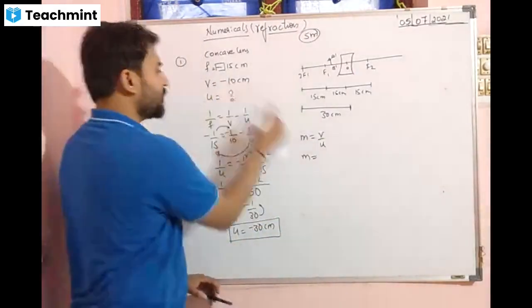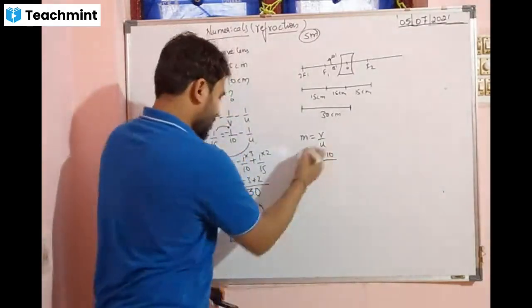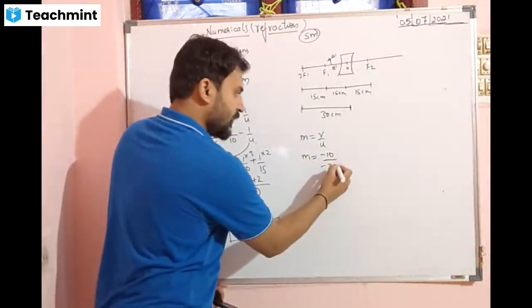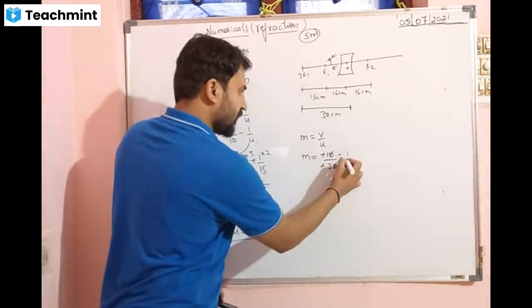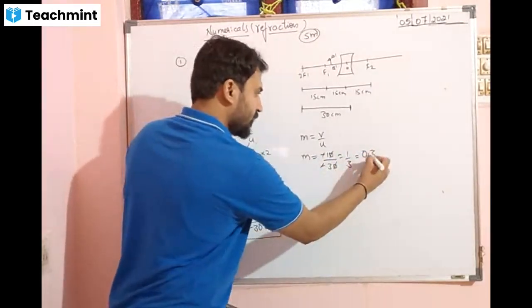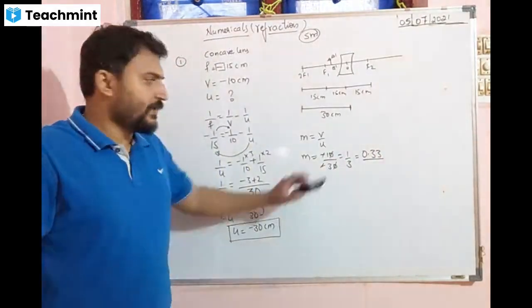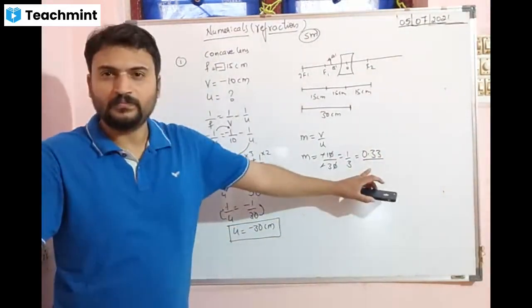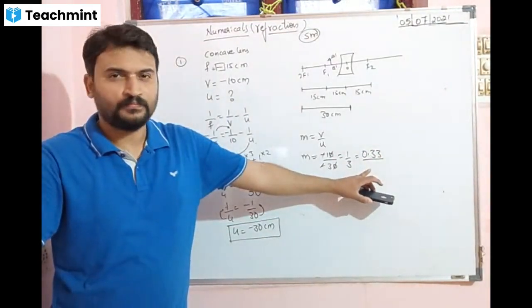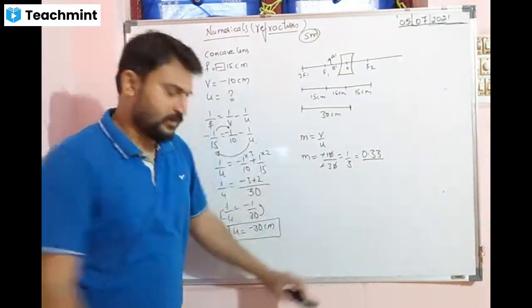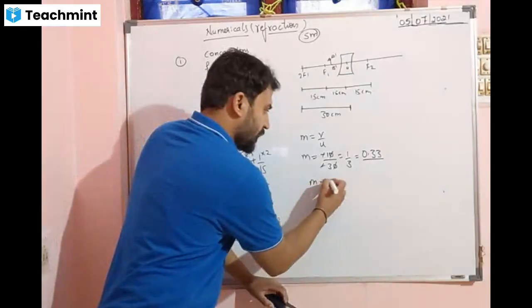V is minus 10 divided by U is minus 30. Minus, minus, it will be 1 by 3, which is 0.33. Look at M. Is M positive or negative? Positive.